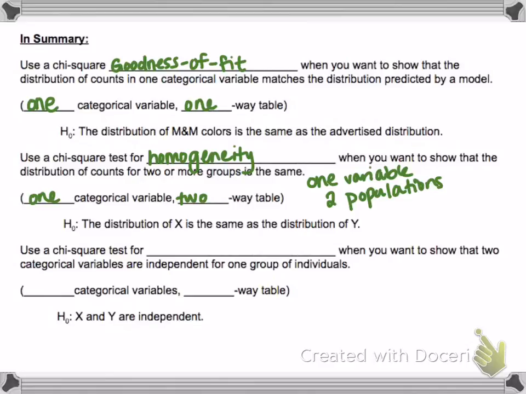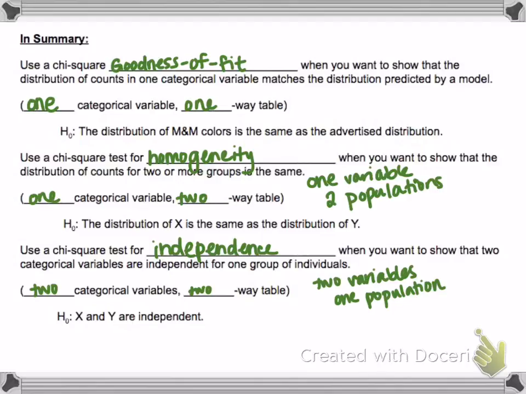A chi-squared test for independence is when you want to show that two categorical variables are independent for one group of individuals. So instead of one variable, now I've got two variables in a two-way table, and I'm looking at just one population but comparing two traits, like eye color versus handedness.